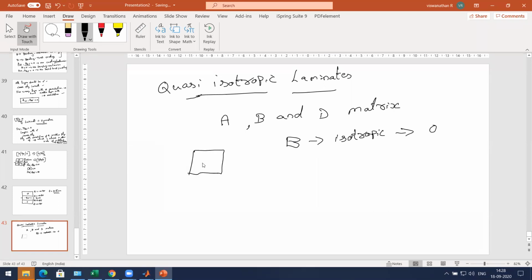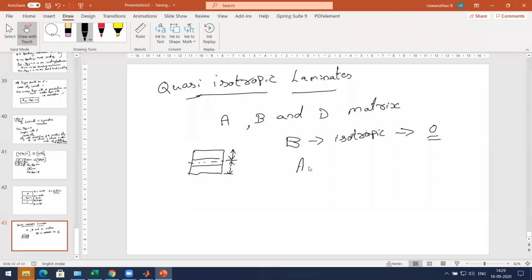If the laminate is symmetric, then the B matrix is 0. If you consider a metal plate and take the mid plane, then the properties above are the same as the properties below, correct? Because it's isotropic. So the B matrix will be 0 only.